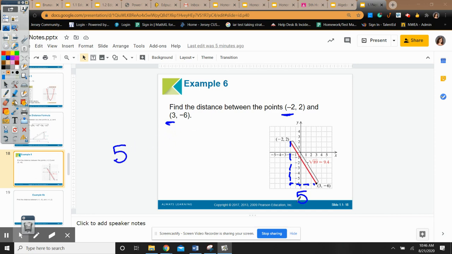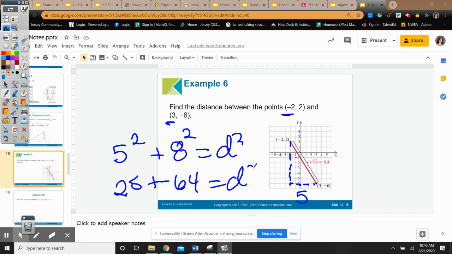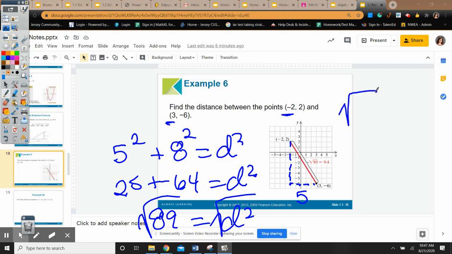How far apart is it from -6 to 2? Well, that is going to be 8 apart. That will be the distance squared. 25 plus 64 is the distance squared. That gives you 89 is the distance squared.